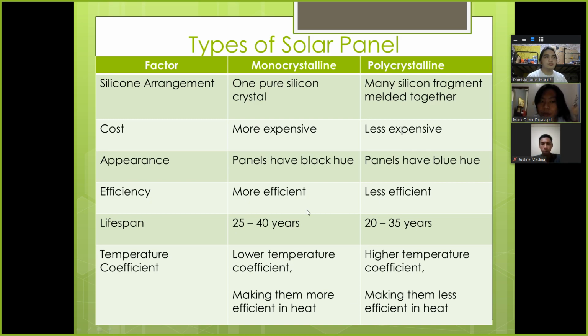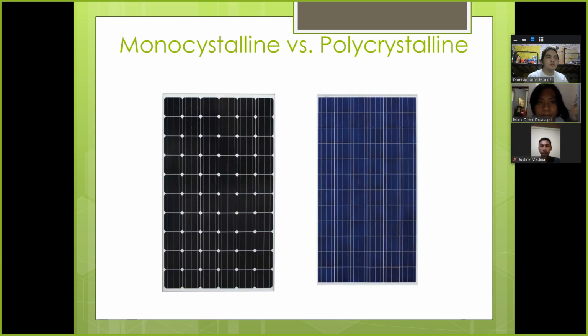So, in conclusion, mas preferred ng marami yung monocrystalline for its efficiency as well as dun sa temperature coefficient. So, ayun, yung types ng solar panels. Ito yung monocrystalline, like I said earlier, and ito yung polycrystalline.